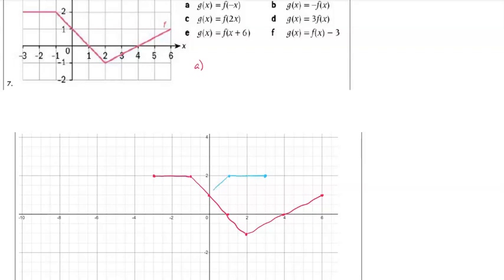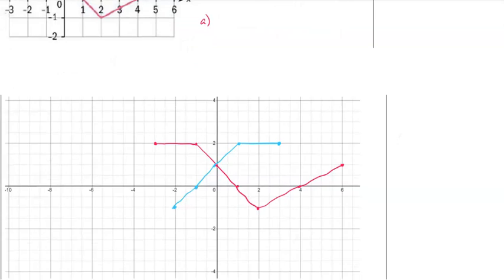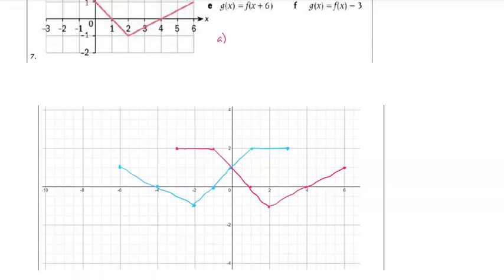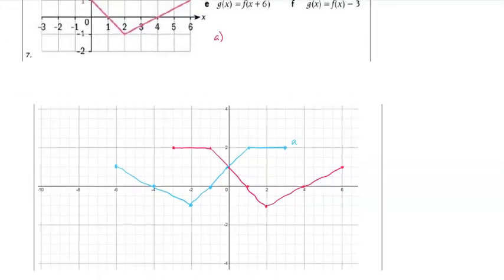Okay, and then it's going to come down to here. Take that, reflect that. Ba-bam. And then take this. Ba-bam. And then 4 is going to reflect off to here, and then 6 is going to be right there. Okay, so that is A.